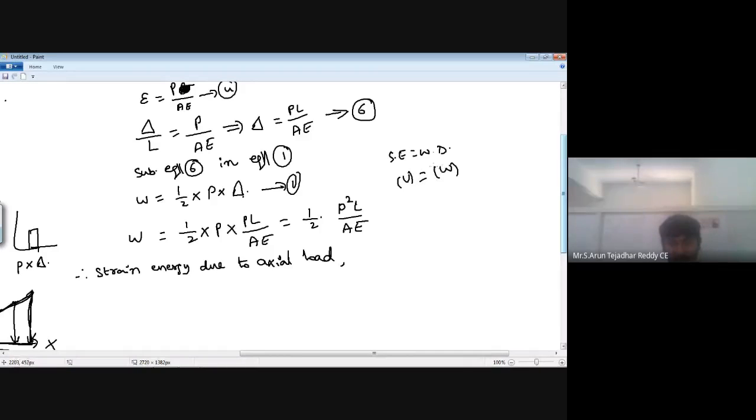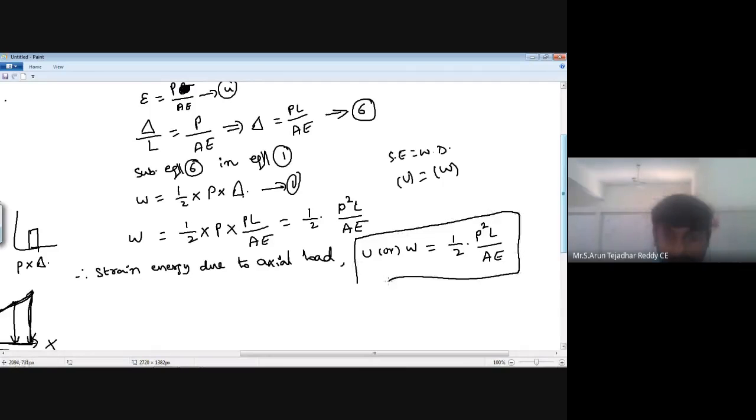Here we can write U or W is equal to 1 by 2 P square L by AE. So this is the expression of strain energy due to axial load.